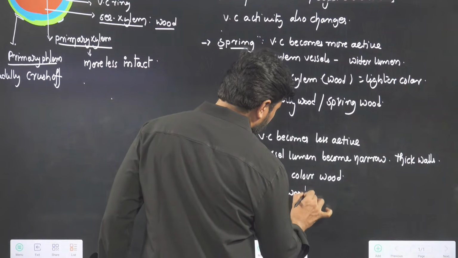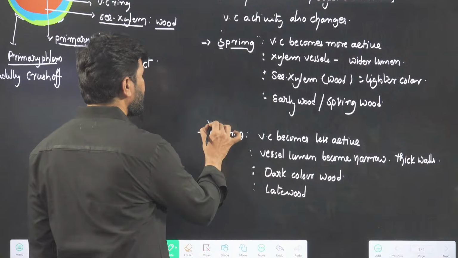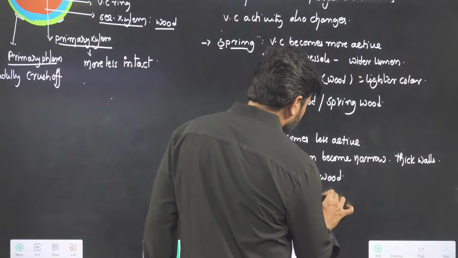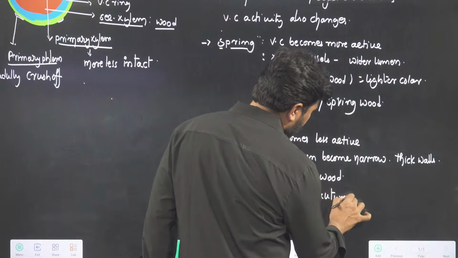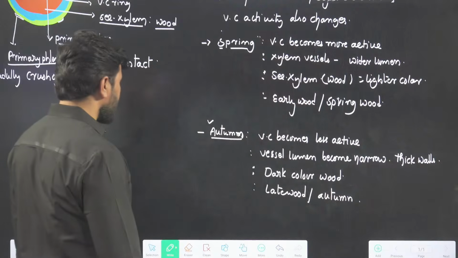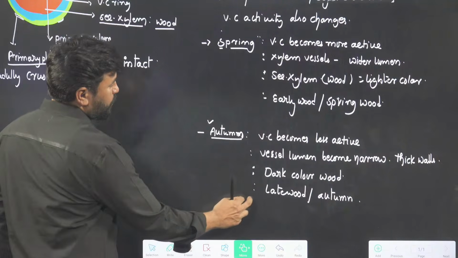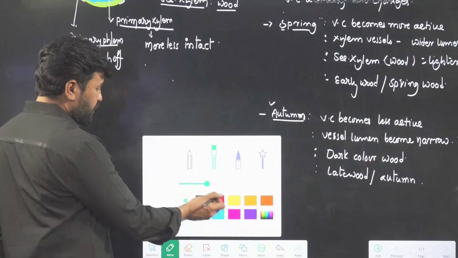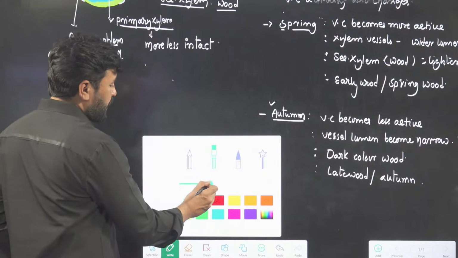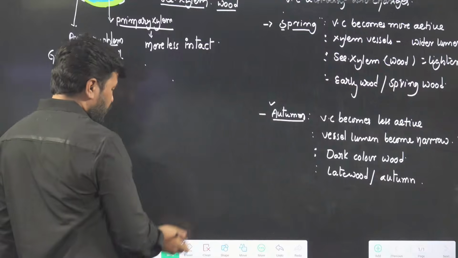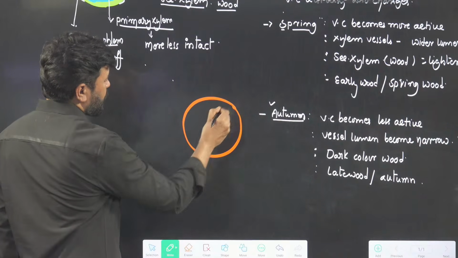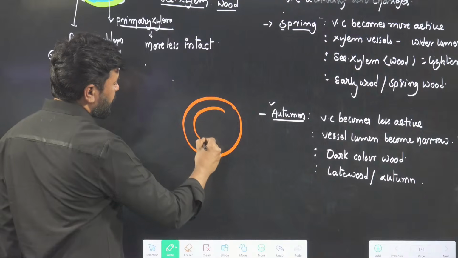Why is it called late wood? It is produced late in the season. The late wood would also be called autumn wood because it is produced in autumn season. Like this, if you see those plants which are growing in temperate zones, in their secondary xylem, one band will be dark in color, another band will be light in color.